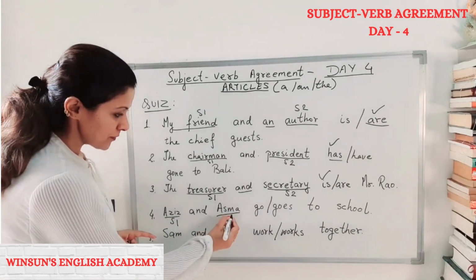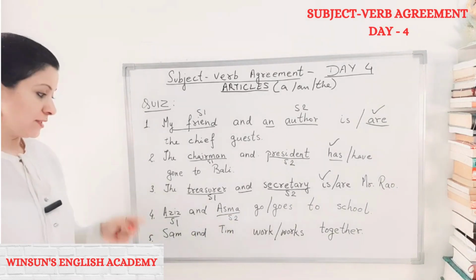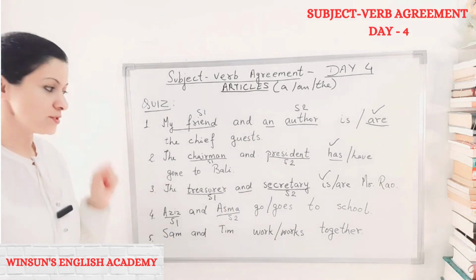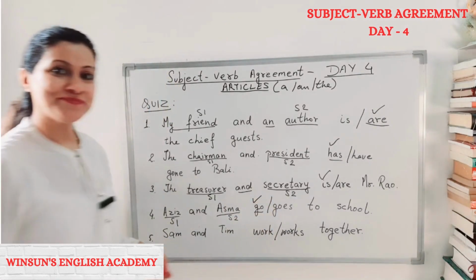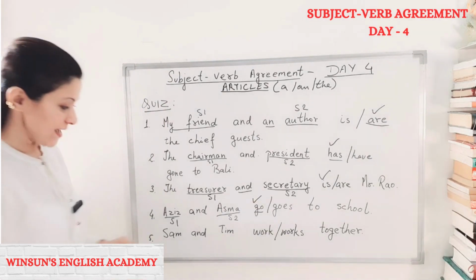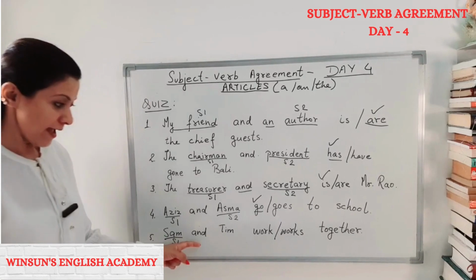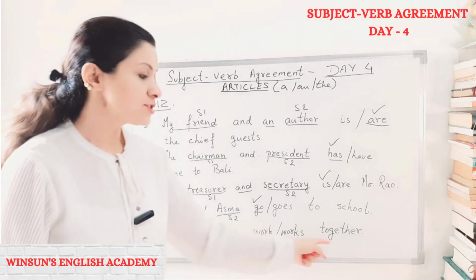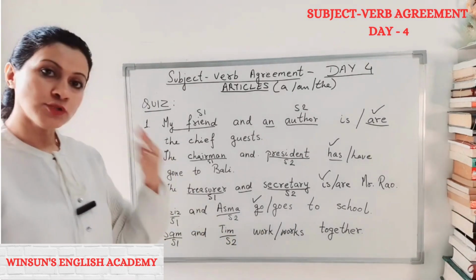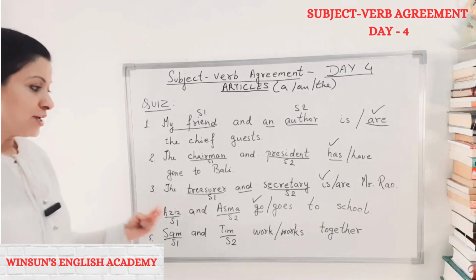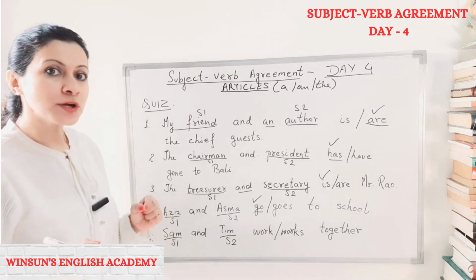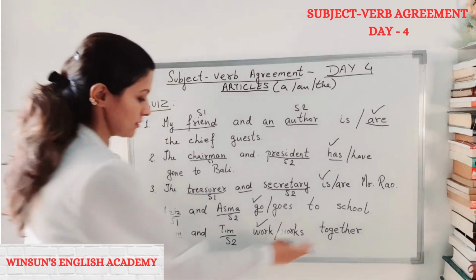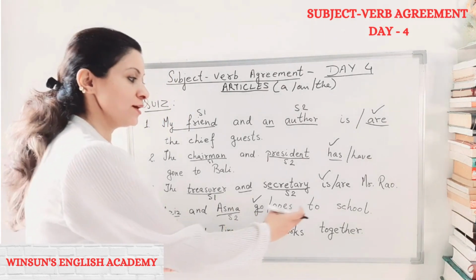Aziz subject 1, Asma subject 2. Two people. Aziz and Asma go or goes to school. Plural verb without S. Go to school. Last one. Sam subject 1 and Tim subject 2. Work or works together. Sam and Tim, two people. So plural subject, right? It will take plural verb, and plural verbs do not have an S. Okay, so work together. Sam and Tim work together.